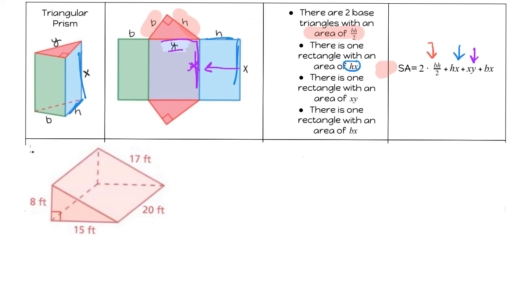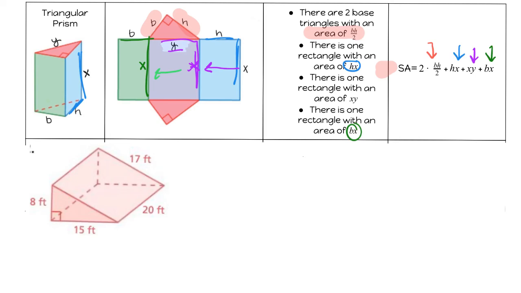And then in green, again, the measurement over here is x, and this one is b times x. Triangular prisms have the most variability in the sizes of their lateral faces.